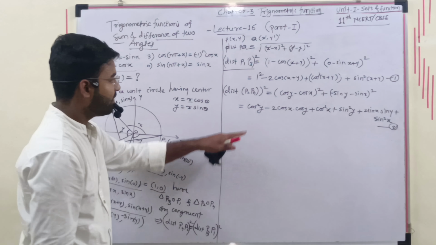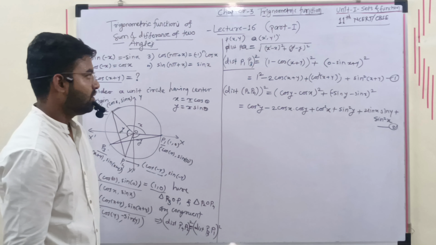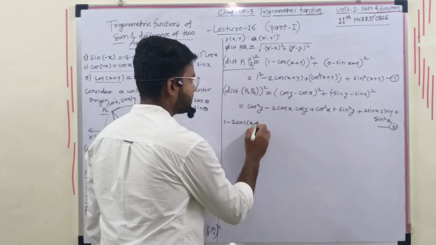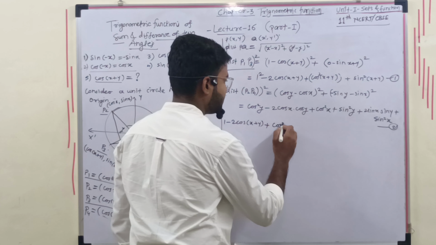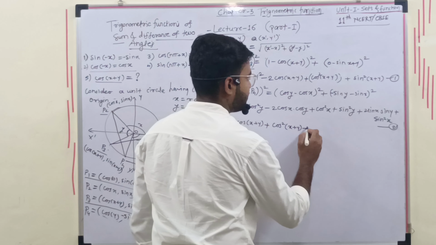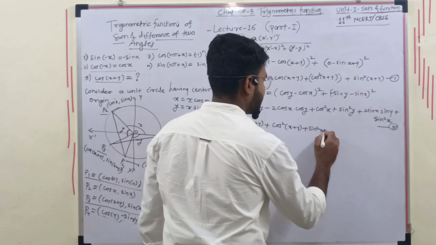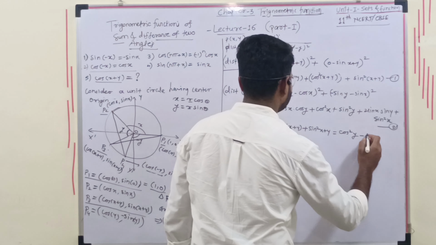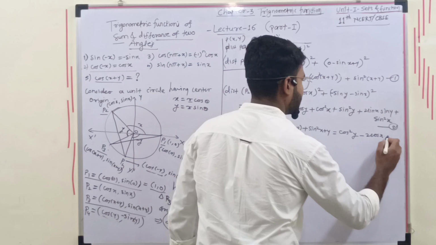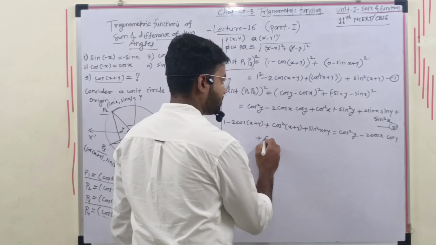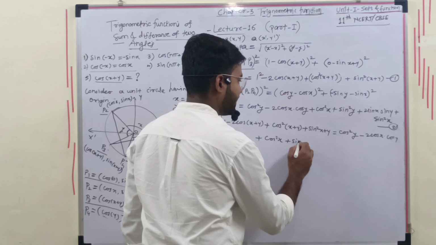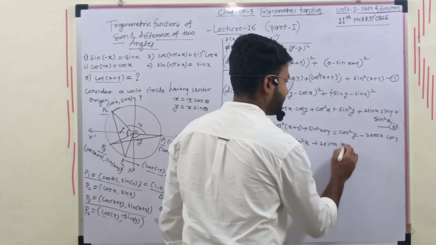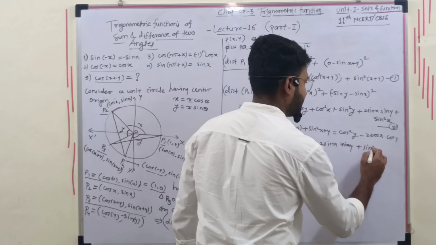Now equate these two equations. We get 1 minus 2 cos of x plus y plus cos square of x plus y plus sin square of x plus y, which is equal to cos square y minus 2 cos x cos y plus cos square x plus sin square y plus 2 sin x sin y plus sin square x.